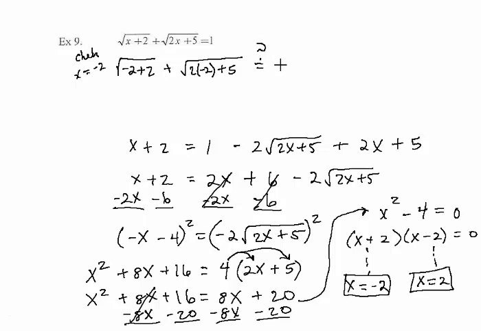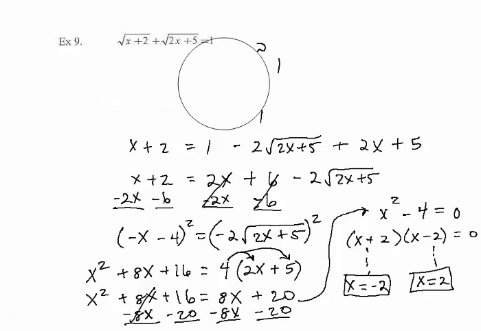We want that to work out to be a 1. This first radical cancels because it's just simply the square root of 0. The second radical becomes a negative 4 plus a 5 underneath the radical. And a minus 4 and a 5 is a 1. So here we have the square root of 1 equals 1, and our solution of x equals negative 2 checks out. It is not extraneous.